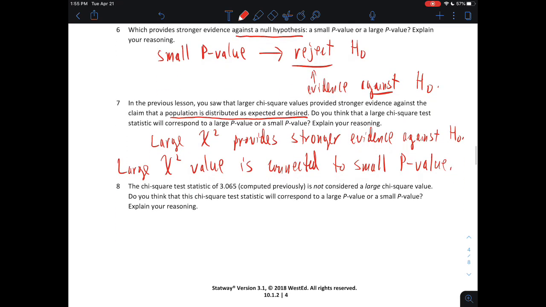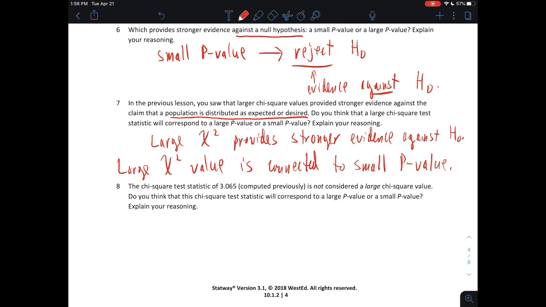Number 8, the chi-square test statistic that we just got, 3.065, is not considered a large chi-square value. We're going to see why when we get into the next section, but we'll just take that at face value. So if it's not considered a large chi-square value, do you think that this chi-square test statistic will correspond to a large p-value or a small p-value?